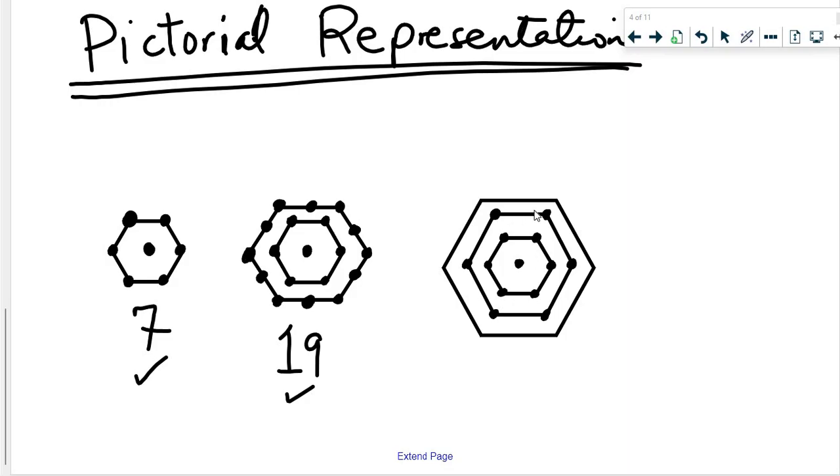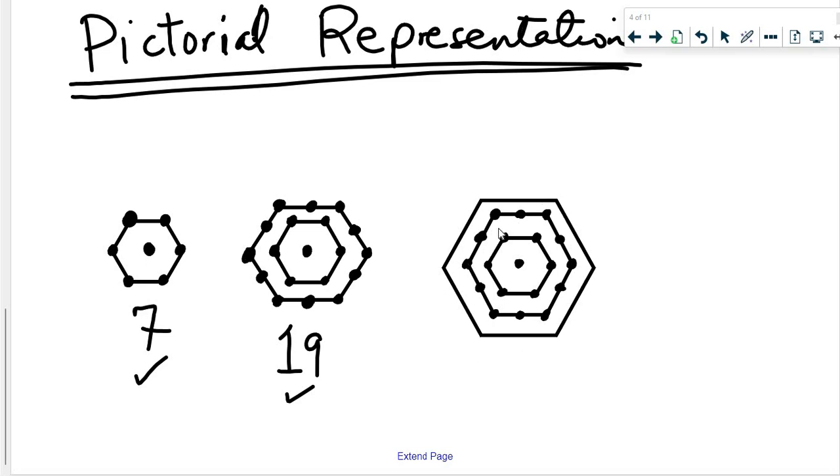You keep another dot, 1 dot here, 1 dot here, 1 dot here, 1 dot here, 1 dot here, 1 dot here. You see that? Now, the great puzzle.